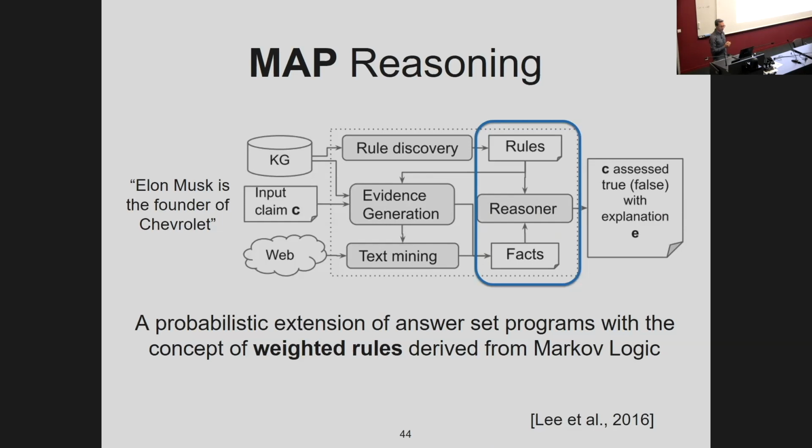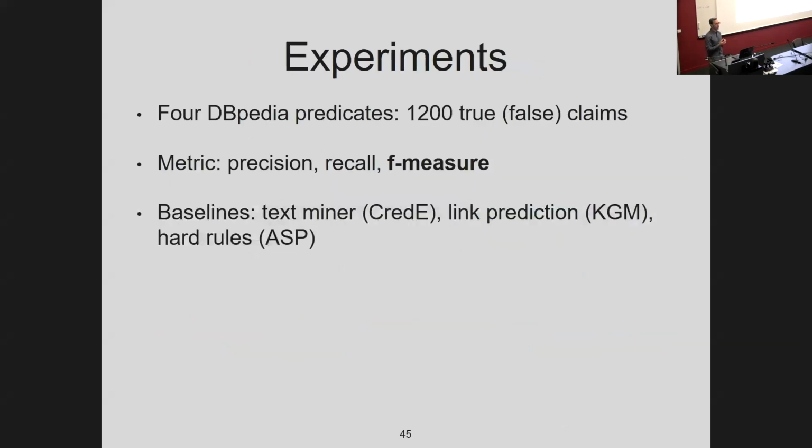Okay, so this is one way to look at the problem, and as you can imagine, there are many other baselines, right? You can do this with a classifier, with embeddings, and many other ways. Of course, we ran experiments using DBpedia predicates, where we created the true and false claims, then we removed the true claims from the data.